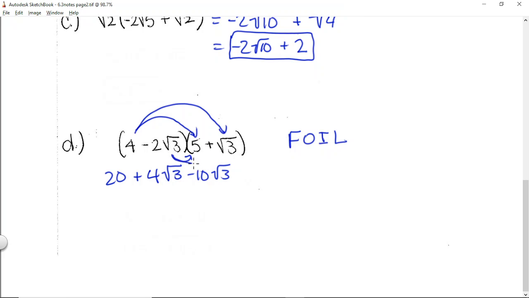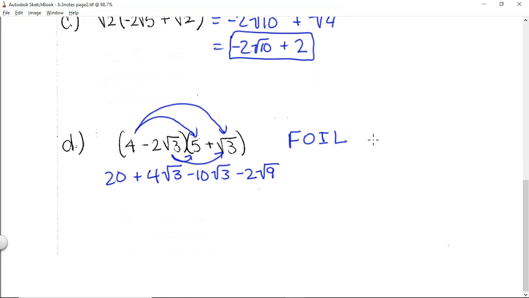And then you have this. So this is negative 2 times the square root of 3 times the square root of 3. So we have the negative 2, because it's just negative 2 times 1. Now, the radical, we do have the square root of, this is where you take 3 times 3, right? What goes in here is 9.